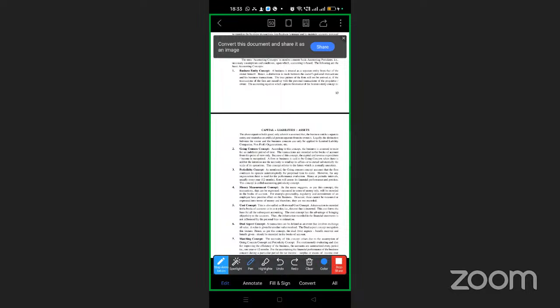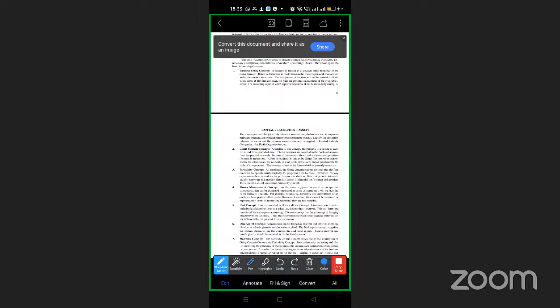As per the business entity concept, the owner and the business are two separate, different entities, two different persons. So whatever the owner takes from the business, either in the form of cash or in the form of kind, is called drawings.